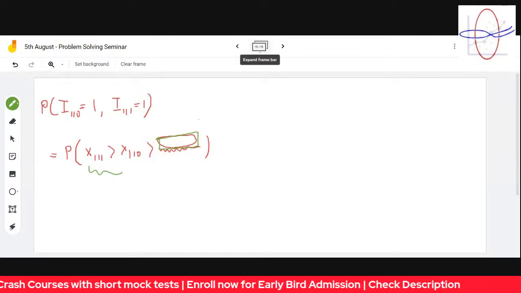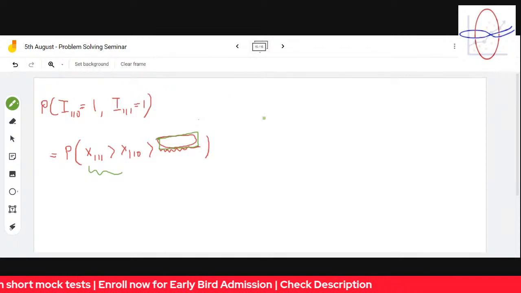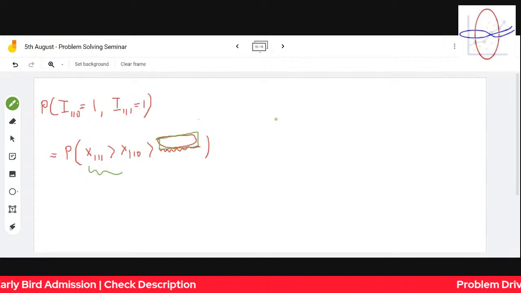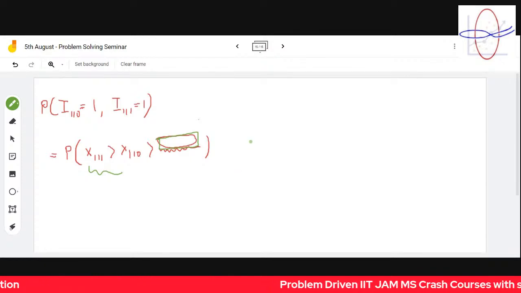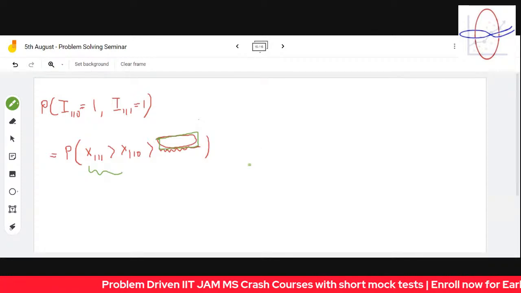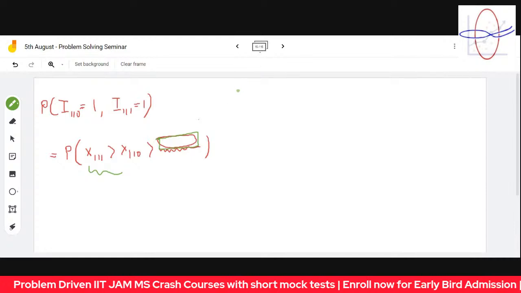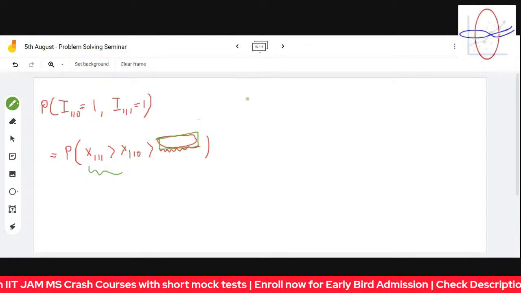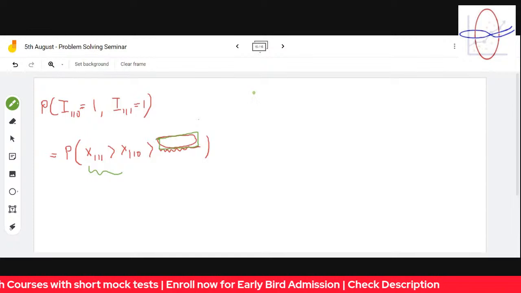So the idea is that x11 greater than x10. We have to make sense in this aspect. You have to distribute the entire sample space so that the probability is 1 this way. Okay. Now understand what are the possibilities. Let's understand this very carefully. What can be the probable possibilities over here? Let's think about it.